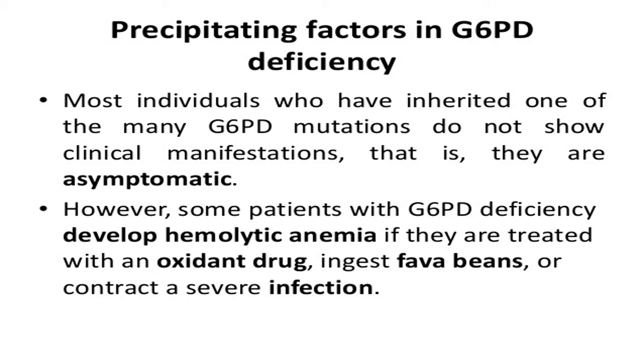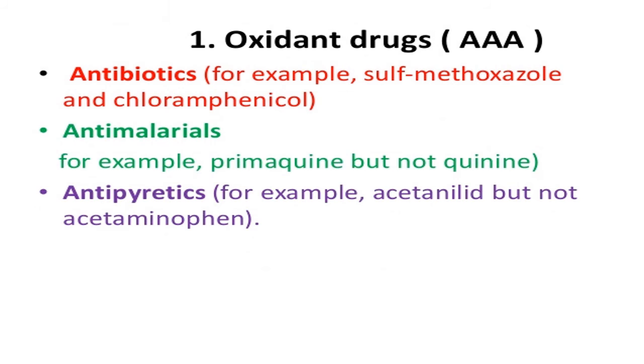Precipitating factors in G6PD deficiency: most individuals who have inherited one of the many G6PD mutations do not show clinical manifestations, that is, they are asymptomatic. However, some patients with G6PD deficiency develop hemolytic anemia if they are treated with oxidant drugs or if they eat fava beans or contract any infection.